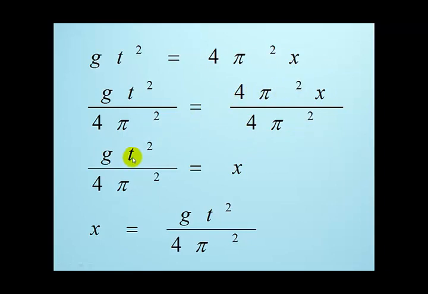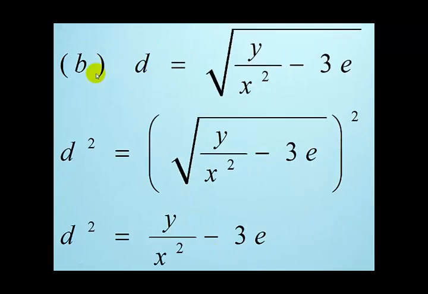And on the left hand side we have g t squared divided by 4 pi squared. So if g t squared divided by 4 pi squared is equal to x, it means that we've made x the subject because the x now stands alone. And this can be written as x is equal to g t squared divided by 4 pi squared.